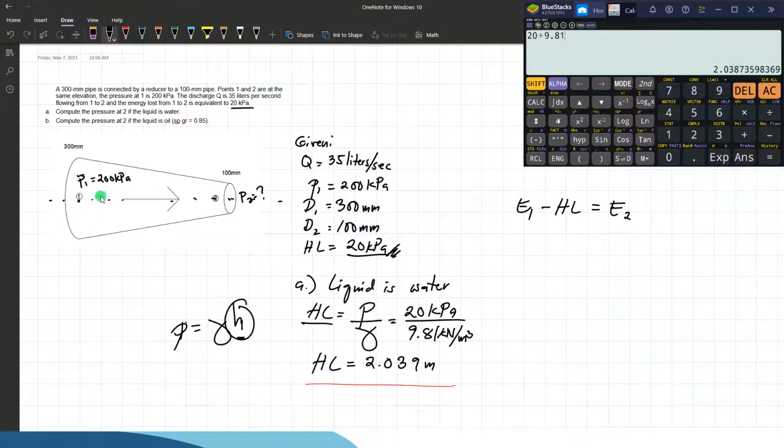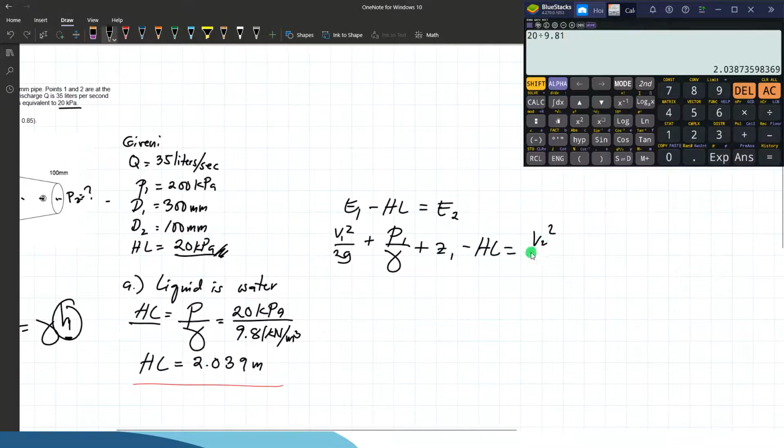So energy at point 1, we have the velocity head, V squared over 2g, pressure head, P1 over gamma, plus the elevation head, Z1, minus head loss equals velocity head at point 2, V2 squared over 2g, plus pressure head at point 2, P2 over gamma, plus Z2.